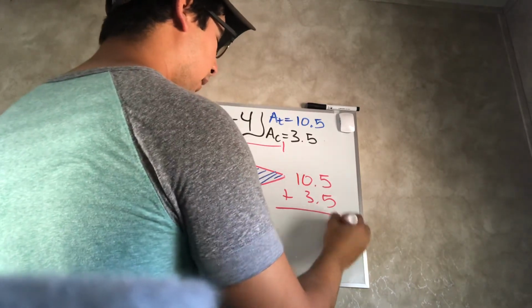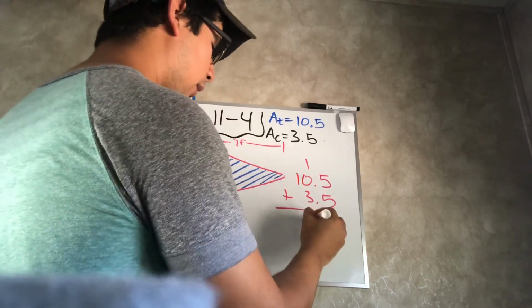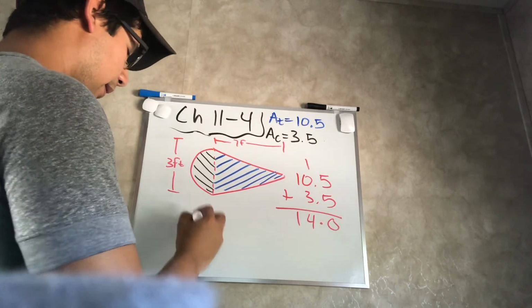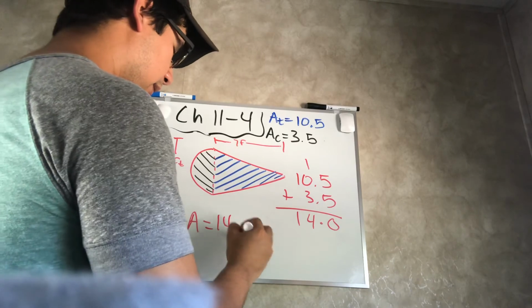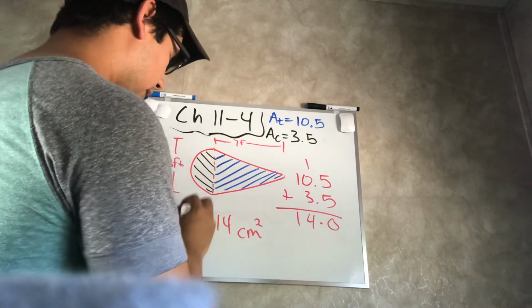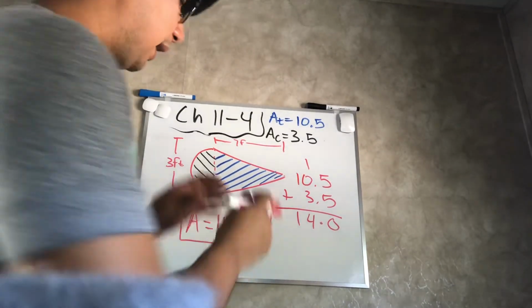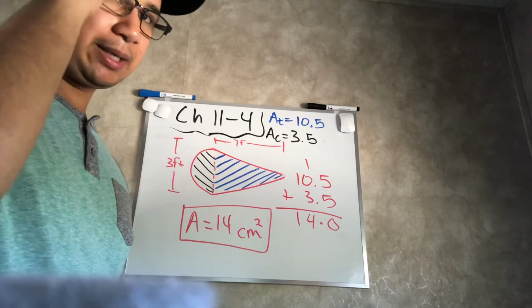That leaves us with, let me cover the 1, sorry, 1, 2, 3, 4. So my total area is going to be 14 centimeters squared. So for the bottom portion, you have to find the area of each shape individually, and then you just add them up together. Okay, guys?